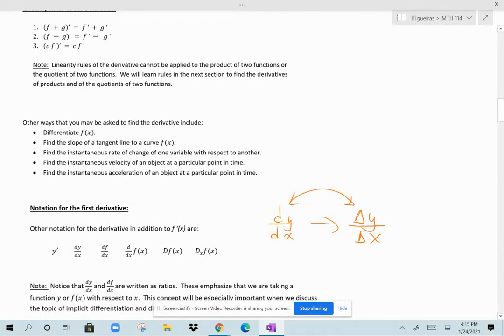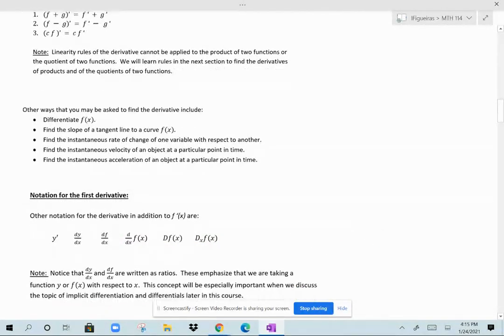And then it could be expressed in terms of f, the derivative of f with respect to x, the derivative of f of x with respect to x. This is another common notation, the derivative of f of x, or this notation, the derivative of f of x, pointing out with respect to x. So you might see a combination of these being used in my lessons, in different textbooks or other videos.